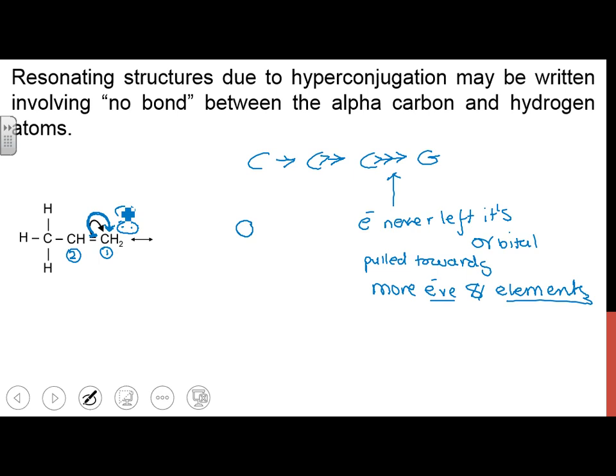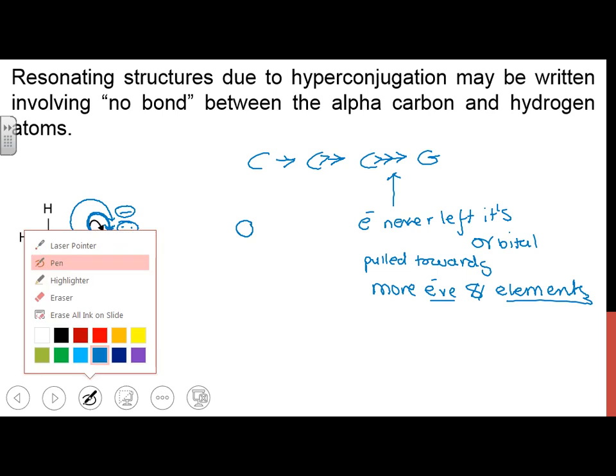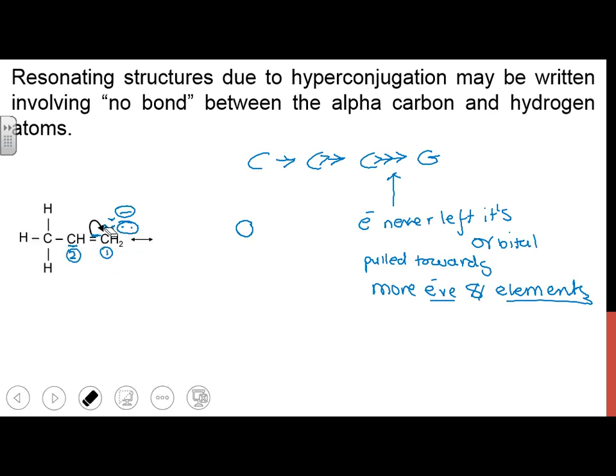This carbon has lost its electron to the adjacent carbon. They were sharing one electron. I think I have written too many things over here. Let me just erase. What has happened over here?